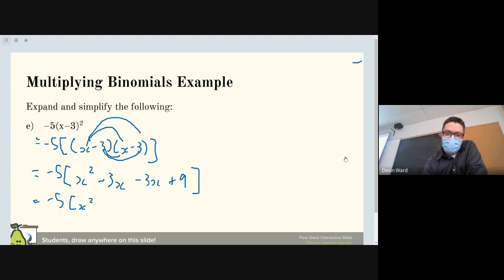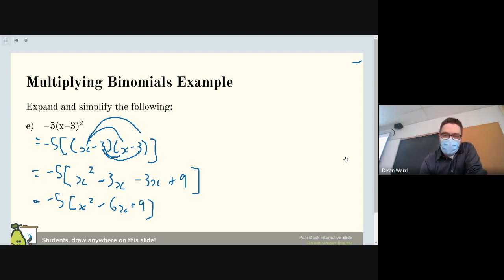Simplify the inside. Our two middle terms are like terms. Negative 3 minus 3. I owe my dad $3. I asked him for another $3. I now owe him $6. Having $3 in debt to him and then asking for another 3 doesn't erase the debt. It just puts me more in debt.